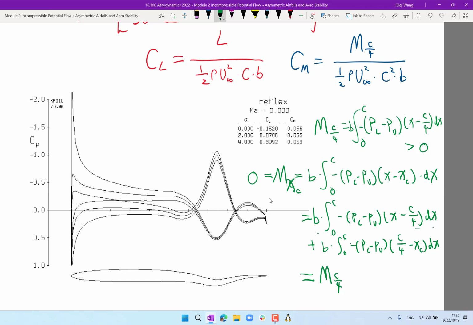The second term, c over 4 minus xc, is a constant in the integral, so we can pull it out. After we pull it out, it's simply an integral of the pressure on the upper surface minus the pressure on the lower surface times dx. What is that?